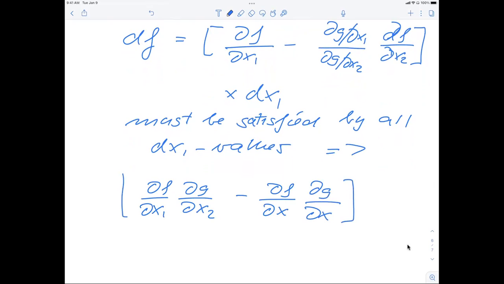And at the values x1 tilde, x2 tilde, this must be equal to 0.